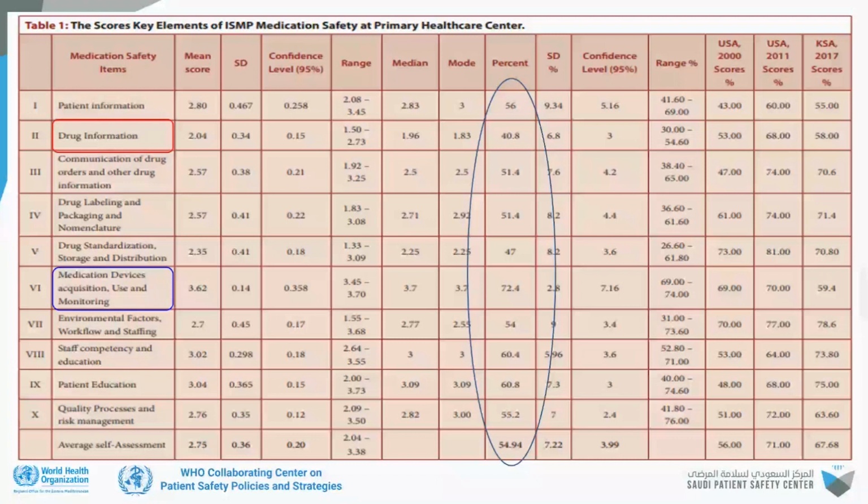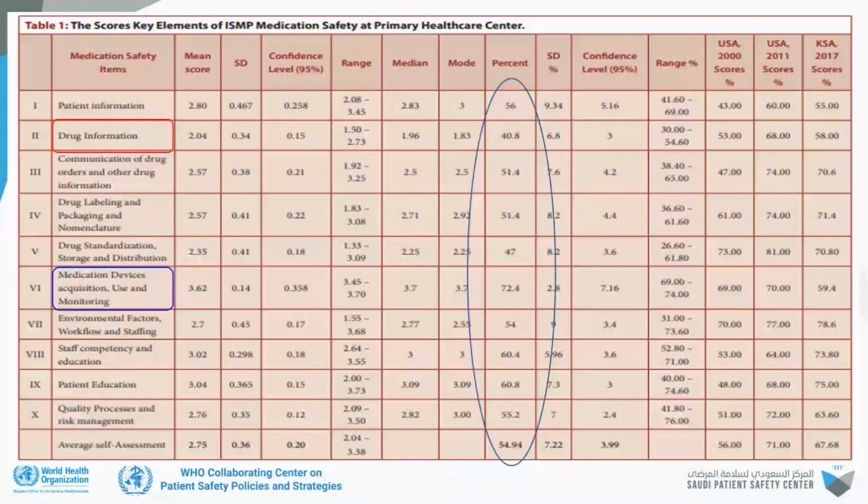If you compare it with the state and the USA score from 2001 or 2017, because we also have a study, you can compare and see. Now you have a baseline for medication safety assessment for your institution. You can start, monitor your patients, or make a self-assessment accordingly.